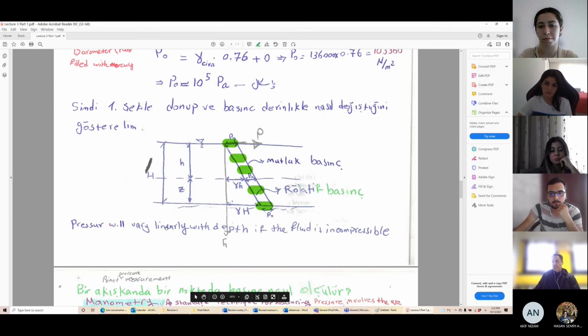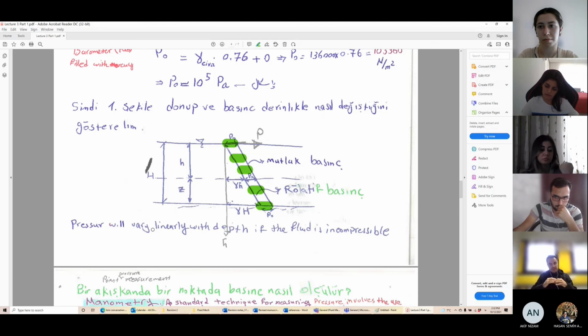If the fluid is incompressible, it means that gamma remains constant by going deeper into the liquid.